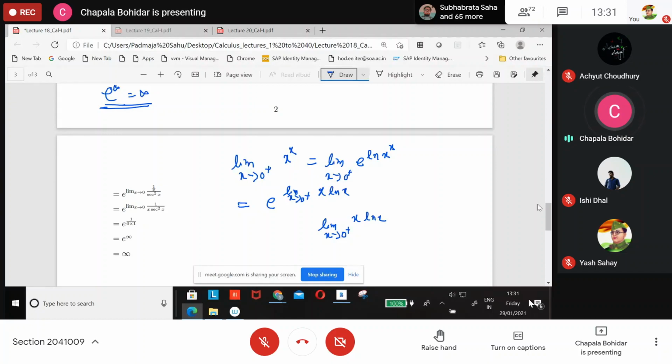What do you get with the L'Hospital rule, differentiating f of x into g of x? I can write it in the form limit x tends to 0 plus, ln x by 1 by x.